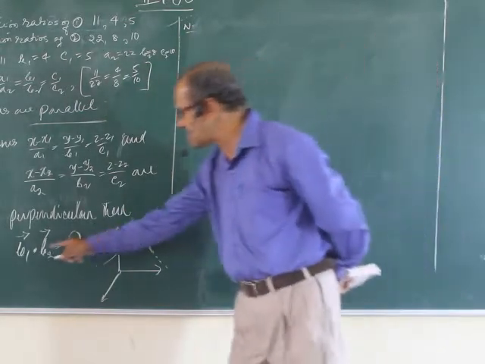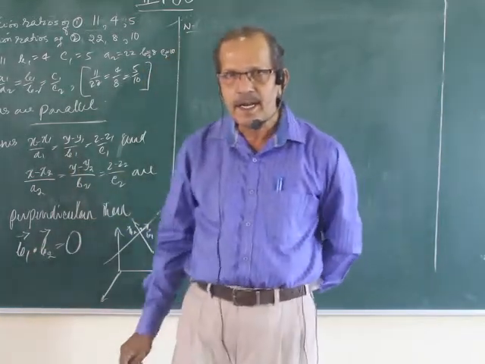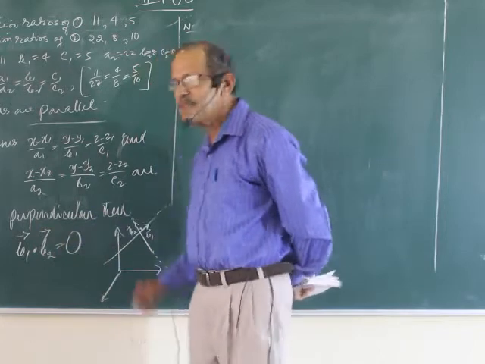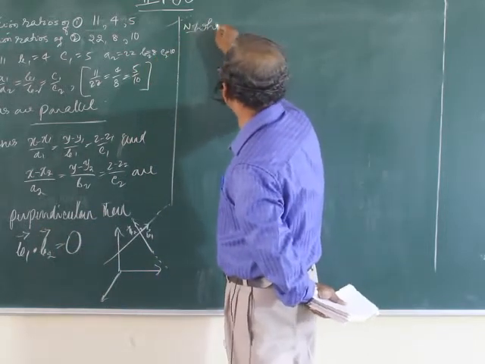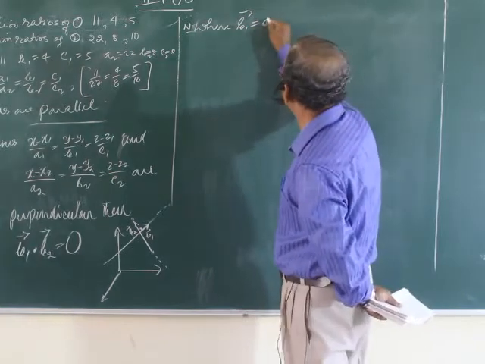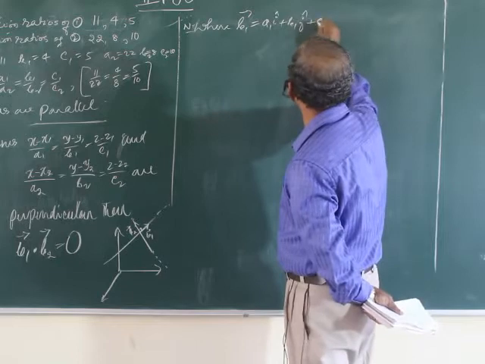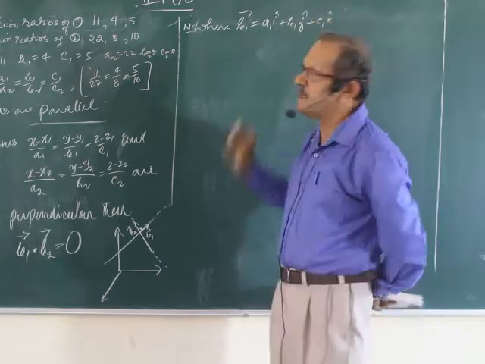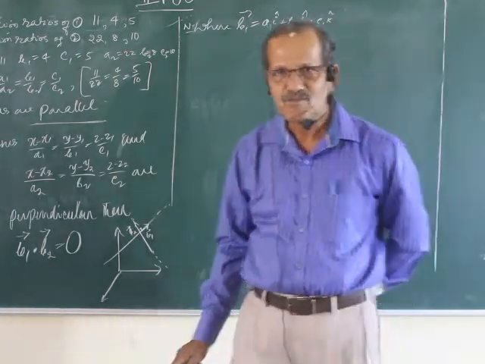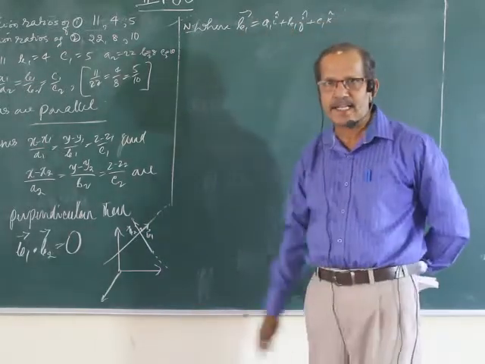B1, B2 vectors. Don't confuse with the B1 here; it is not that B1. It is vector B1, where B1 vector is A1 i, B1 j, C1 k. Don't confuse with this vector B. B1 here I have written, here also B1, same thing, don't think otherwise.